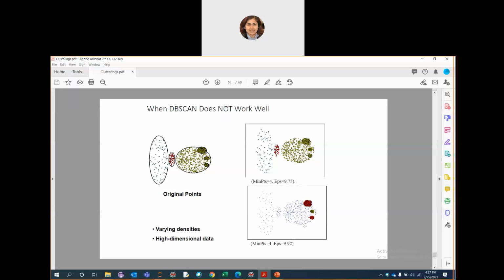This type of result may bias your determination or assumption capability. That is why epsilon and min points need to be chosen carefully.